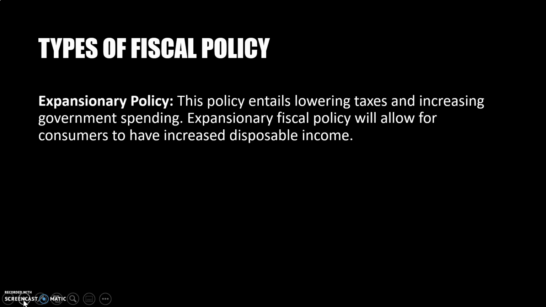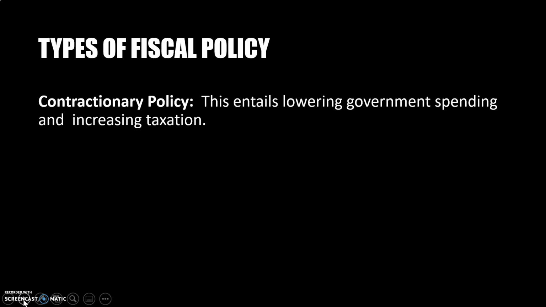And the aim is to allow consumers to have more disposable income, so it will increase the aggregate demand in the economy. And then there is contractionary fiscal policy, which aims at lowering government spending and/or increasing taxation to reduce the amount of disposable income that's available to consumers. And this can have the effect of lowering aggregate demand.